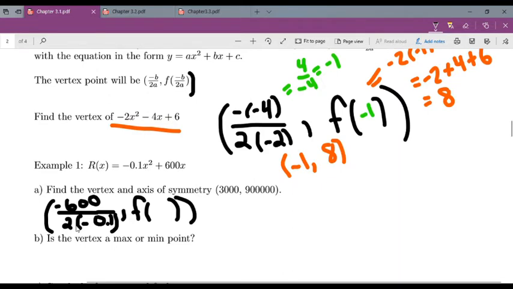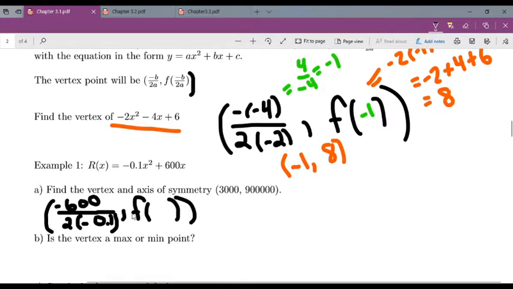Negative 600 over 2 times negative 0.1. If you want to take your calculator, you can type that in. I'm fairly certain it's 3,000. Let's see. Divided by 0.1, double check. Divided by 2, yep, it's 3,000.